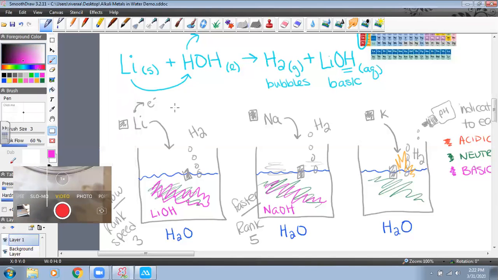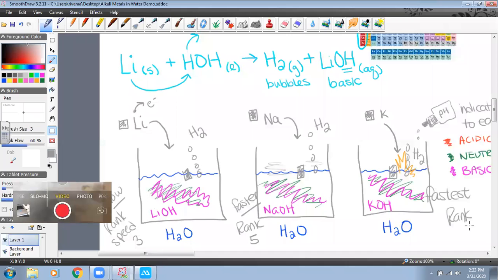And of course, we got that characteristic purple color again because we produced potassium hydroxide. And so if I was ranking that, this was my fastest and most exciting because of the flame. If you had a big chunk, it would be super exciting. I don't know, let's call it a 7. Okay? This is my fastest.